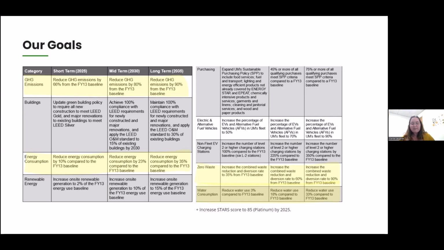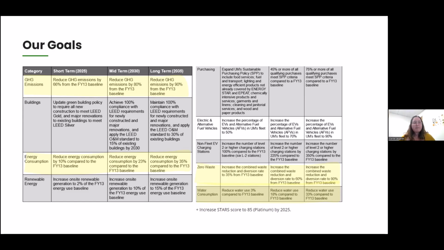Another goal that we have that isn't in this table, but that I indicated down at the bottom here, is increasing our STARS score. STARS is a transparent, self-reporting framework for colleges and universities to measure their sustainability performance. It was developed by AASHE, the Association for the Advancement of Sustainability in Higher Education, with broad participation from the entire higher ed community.